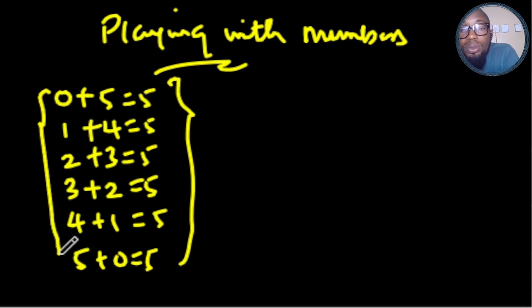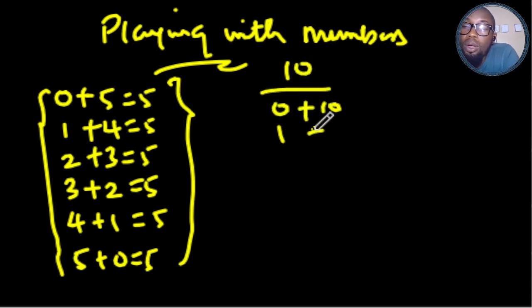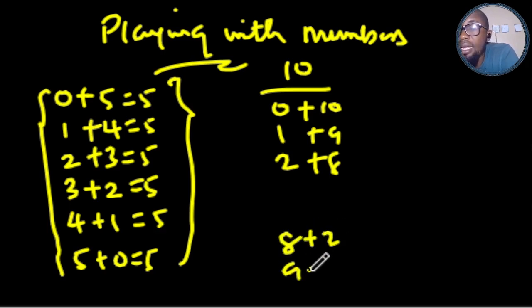Sometimes after we do sums to 5, we can proceed to sums to 10. We say, okay, sums to 10. Like, okay, 0 and 10, 1 and 9, 2 and 8. Yeah, you continue like that until you have 8 and 2, then 9 and 1, then 10 and 0.